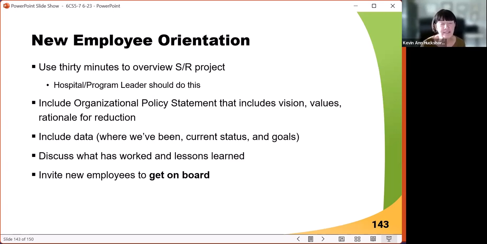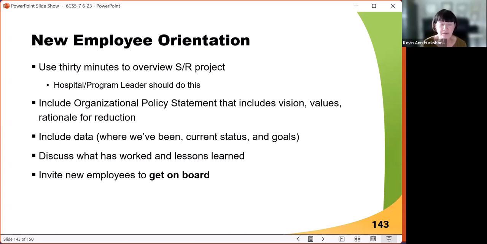New employee orientation, cover seclusion and restraint project, whatever you call it in your facility. Some people have given these projects names. Use 30 minutes to cover this in your onboarding process. A program leader or the hospital director should do this piece.